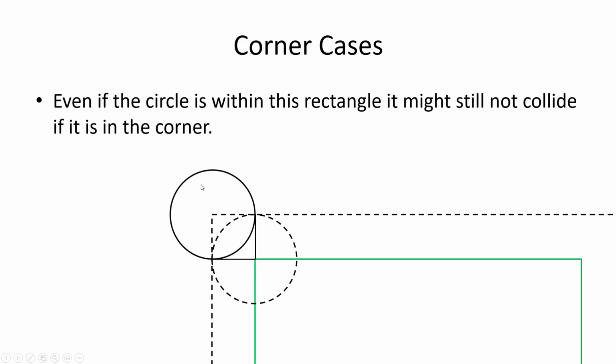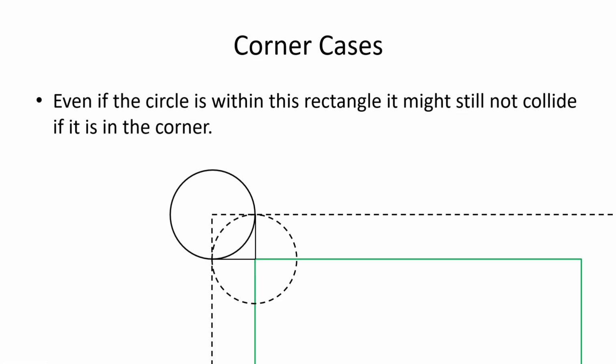In fact, if we wanted to, we could move that circle down a little bit until its center point reaches this dotted circle. If the center point is inside this dotted circle, then we are colliding with the rectangle. But if it's in this little weird sort of triangular region with the circular edge here, if the center point's in here, then there is no collision.